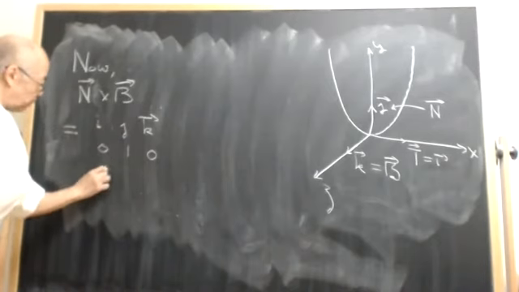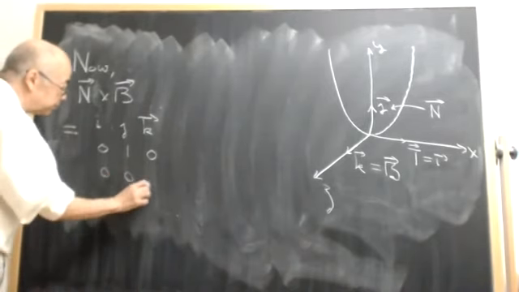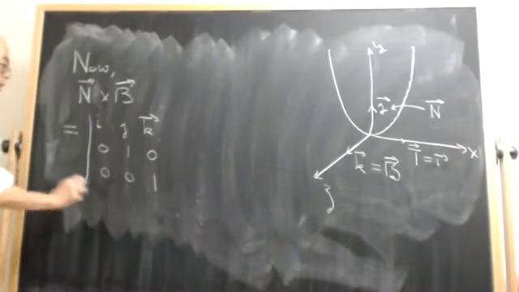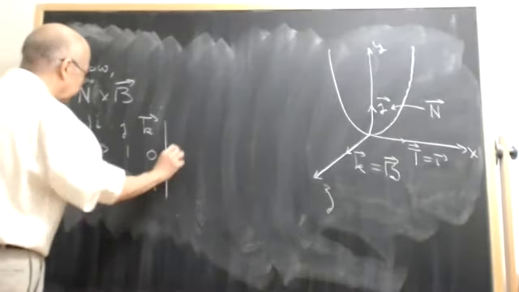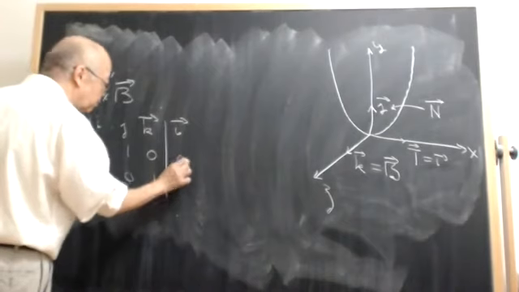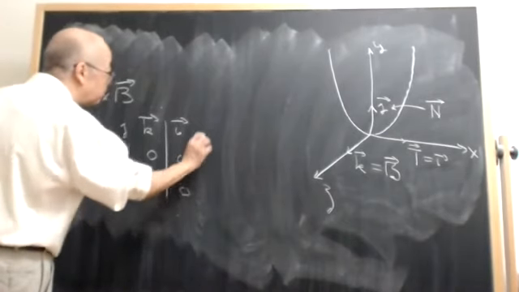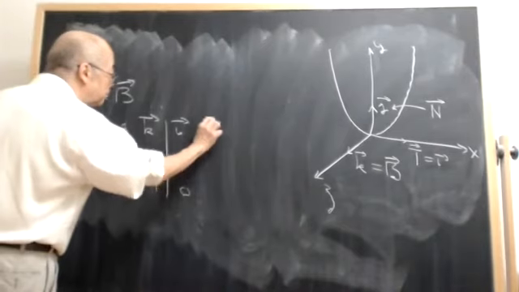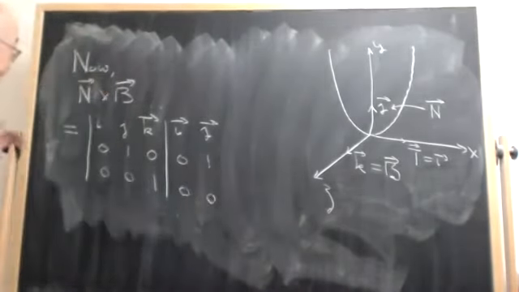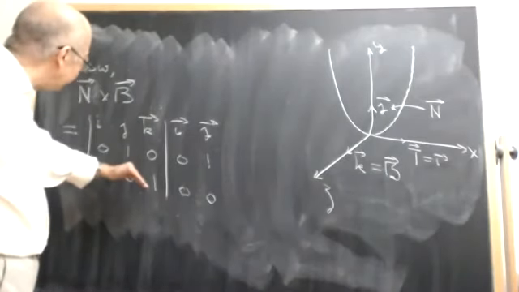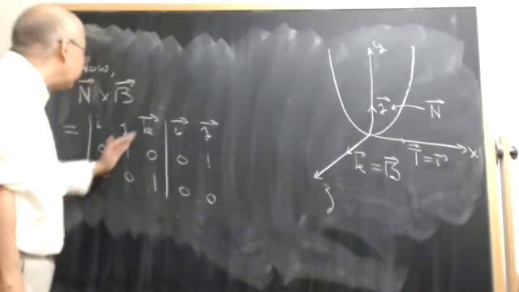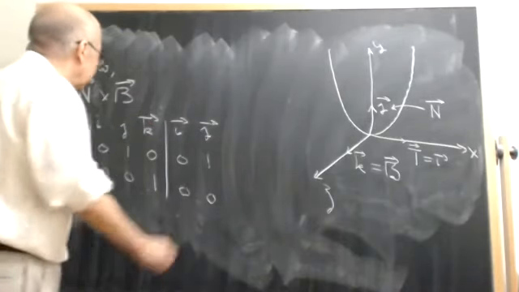B is 0, 0, 1. And then you multiply like this, you have i, and the rest are all equal to 0. So this is i.